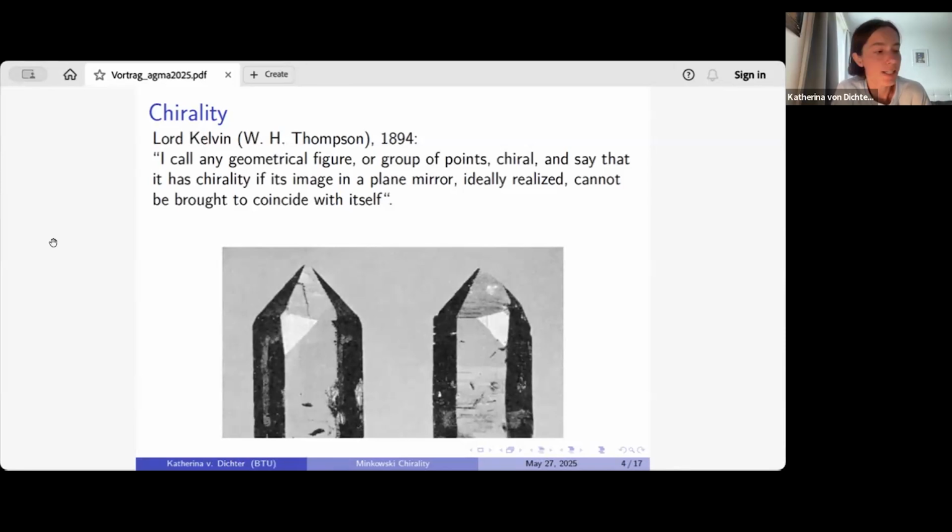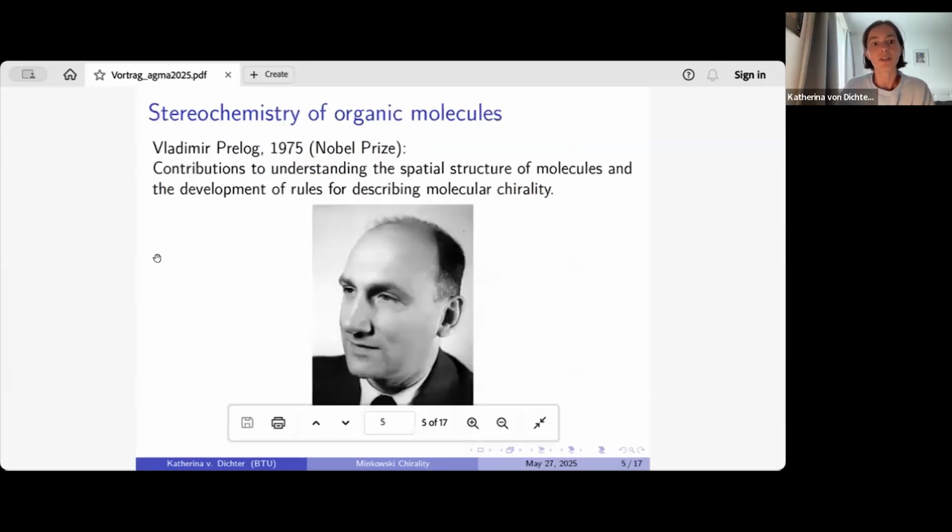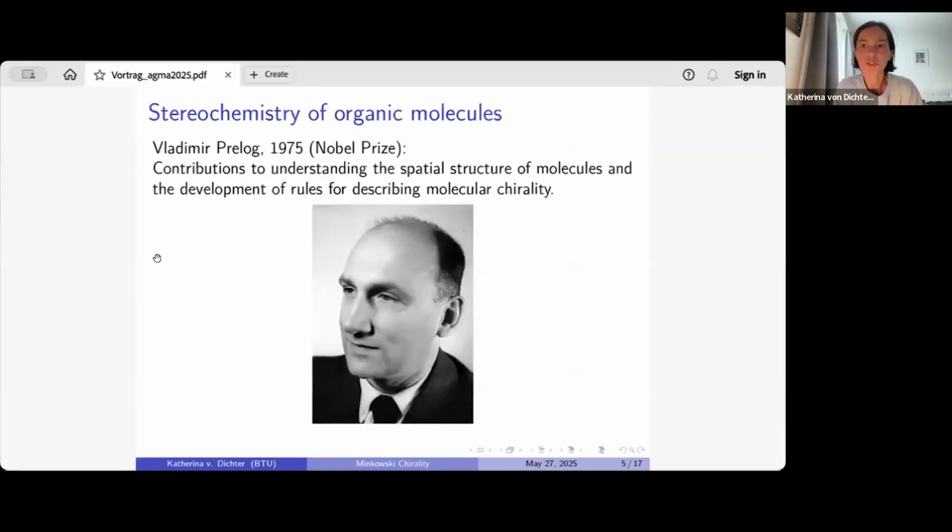So chirality is also found in a lot of elements and also in some things in nature. For example, here you can see some crystals which are clearly chiral. So this made a starting point for a new section of chemistry, which is called stereochemistry.